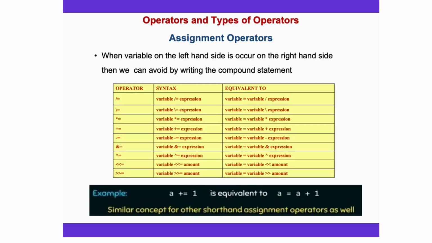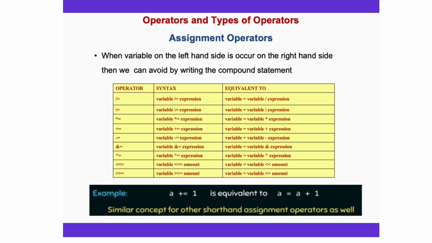Listen here, assignment operators. When the variable on the left hand side also occurs on the right hand side, we can avoid this by writing a compound statement. Here is one example: variable equals variable divided by expression. The same variable on the right hand side is the same as on the left hand side, so it can be rewritten as variable division equal to expression.